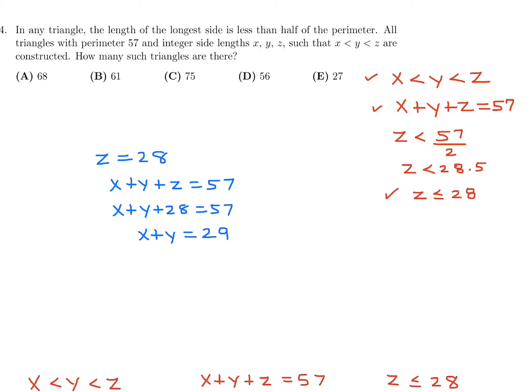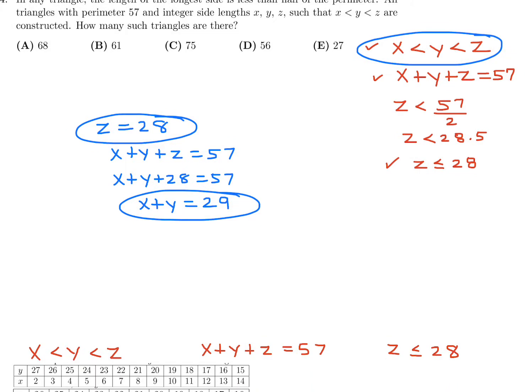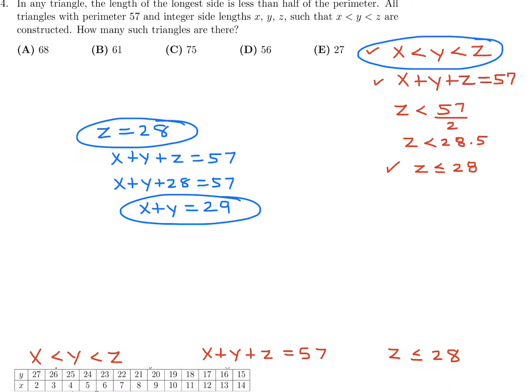So we have to create a table where z is 28, but x plus y is 29, and we have to make sure that they are in that inequality. So here is my first table. This satisfies everything. That z is 28 here. X plus y is 29.